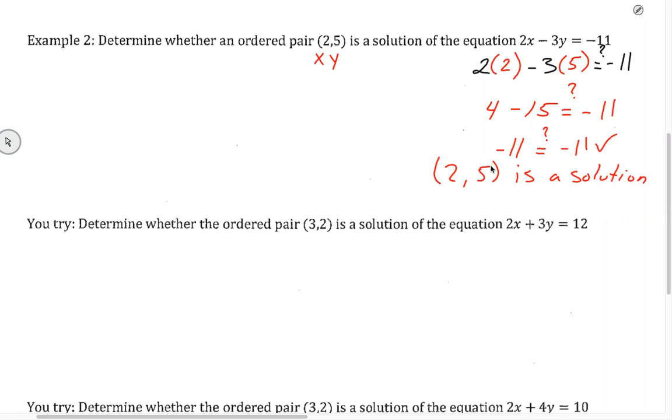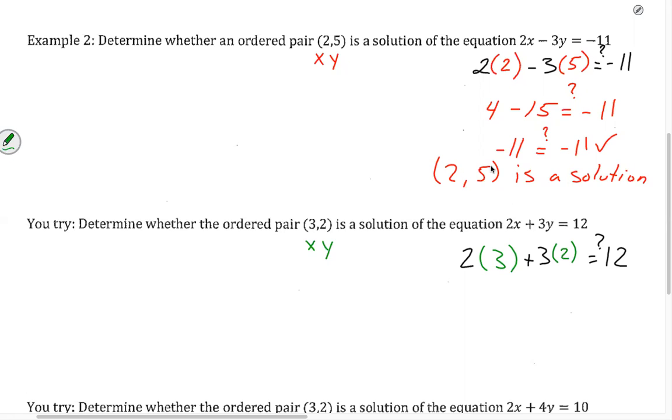Last but not least, we got (3, 2) here. Oh, we got another one. So this one, (3, 2), again, label it x, y. And we have 2 times 3 plus 3 times 2. And I'm asking again, does that equal 12?